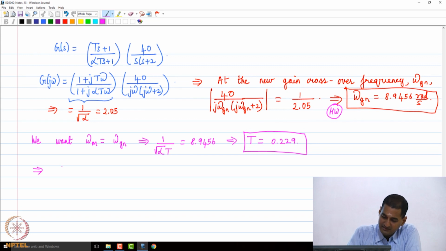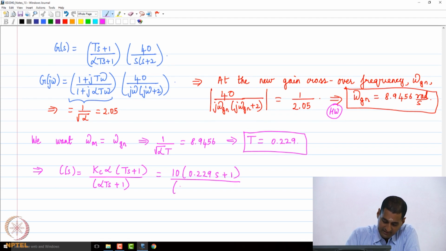So this implies that the controller transfer function, which is Kc alpha times Ts plus 1 divided by alpha Ts plus 1, is going to be equal to 10 times 0.229 s plus 1 divided by 0.0545 s plus 1. Okay, so this is the controller transfer function.